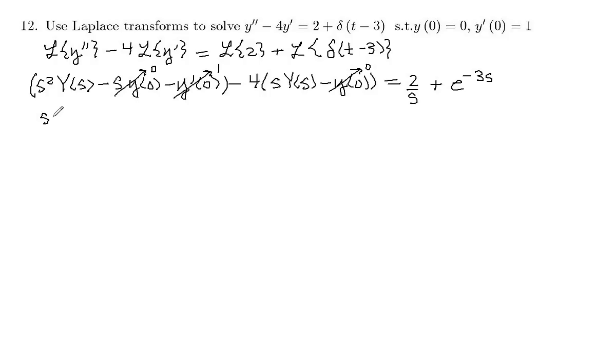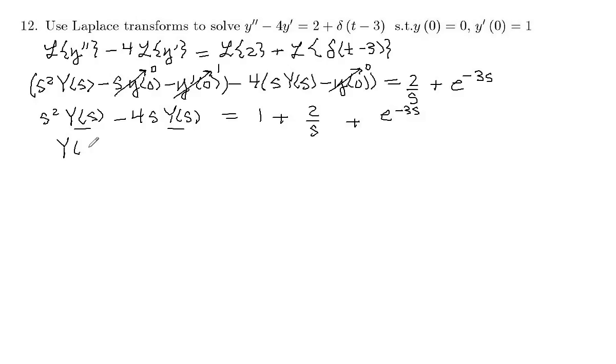So we've got s squared capital Y of s minus 4s Y of s. And then we've got a minus 1. Let's bring that over on the right as a positive. So this will be 1 plus 2 over s plus e to the negative 3s. And now Y of s is a common factor.